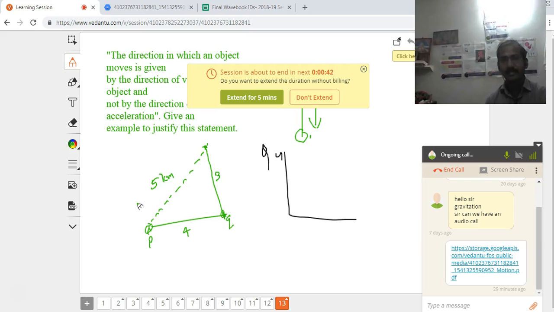This is Q and this is P. And suppose this is S. Q to that point is 3. From here to here, this is 4. From here to here, this is 3. Now they are asking from here to here.